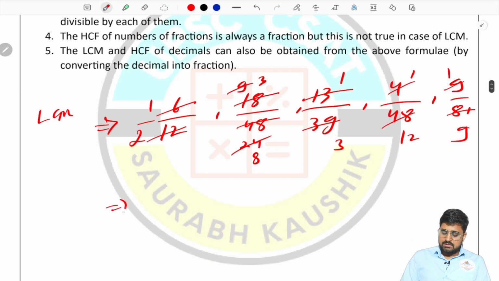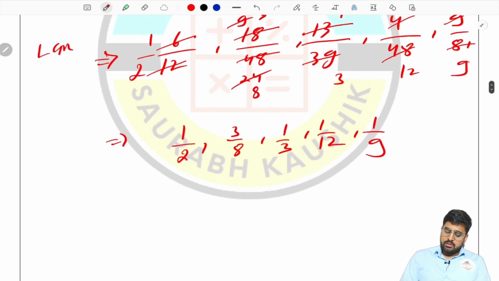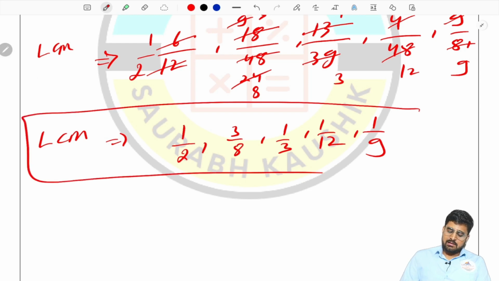Now these numbers are in the shortest possible form. Now you can take the LCM or HCF, whatever they are asking in the question, of these numbers.